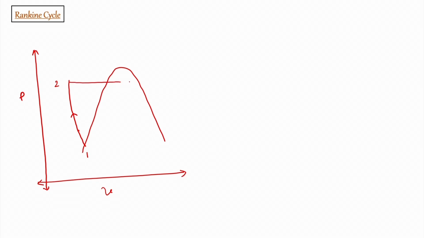Then 2 to 3 is constant pressure heat addition. Then 3 to 4 is isentropic expansion, and 4 to 1 is the constant pressure heat rejection.